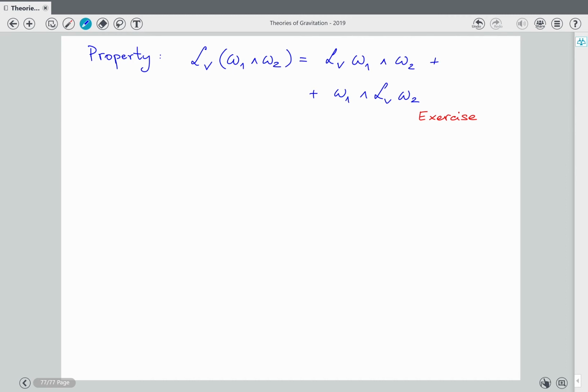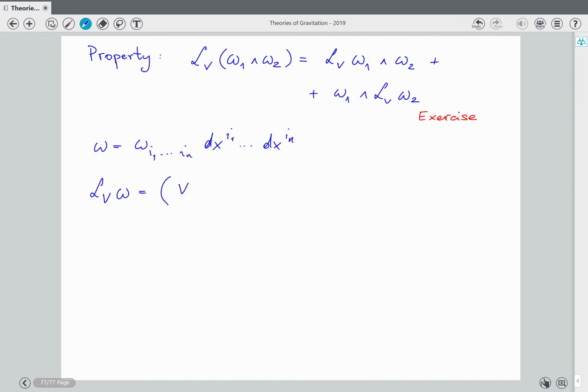For a generic n form, where the components are completely anti-symmetric, the formula of the Lie derivative is what?